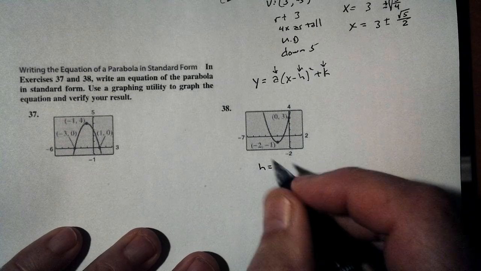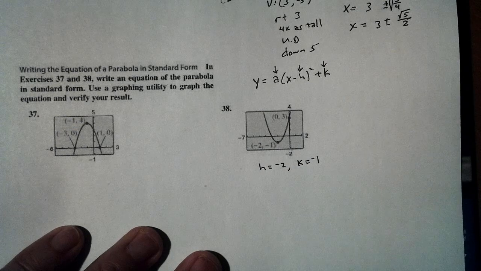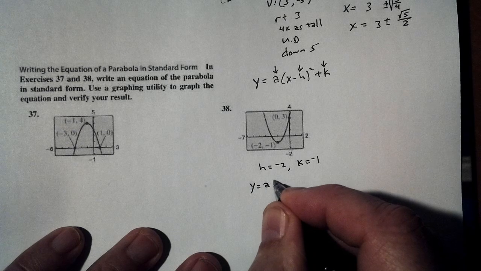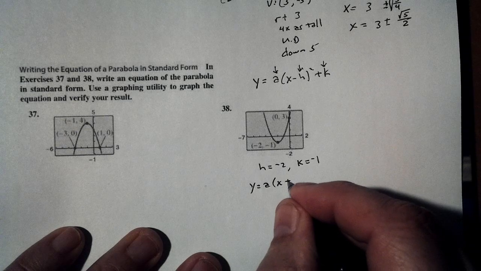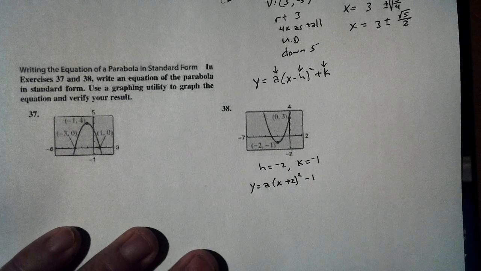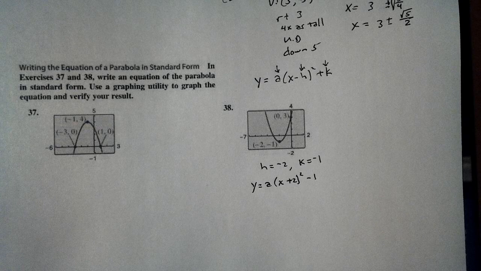But here's what I know. I know that h is -2, I know that k is -1, so right now I've got y equals a times x minus -2, plus 2, squared minus 1. I've got 2 of my 3 puzzle pieces when they give me the vertex. And now the book is expecting you to do this, and this is great.